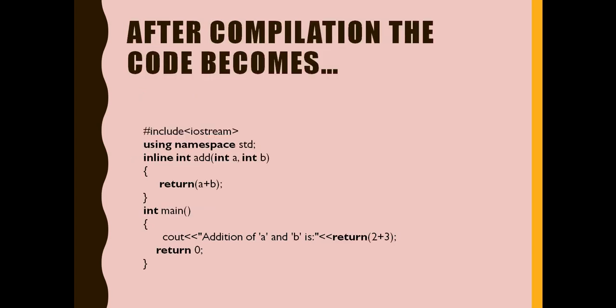See, after the compilation of the prior code, now the code becomes, instead of calling add a comma b, that is 2 comma 3, the compiler has replaced the code of the inline method by itself. So what is the code written here? We have tried to return a plus b, that is we have given actual parameters here, return 2 plus 3. So this is how your compiler tries to replace the program code wherever it is being called.